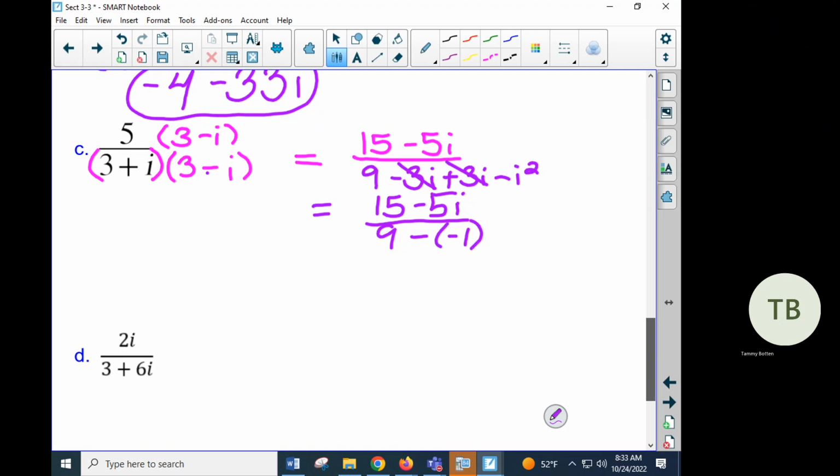A negative 1. Okay. Now I'm going to leave this as 15 minus 5i on top. And 9 minus a negative 1, I'm going to change this to plus because I had 2 negatives in a row, and it's over 10.